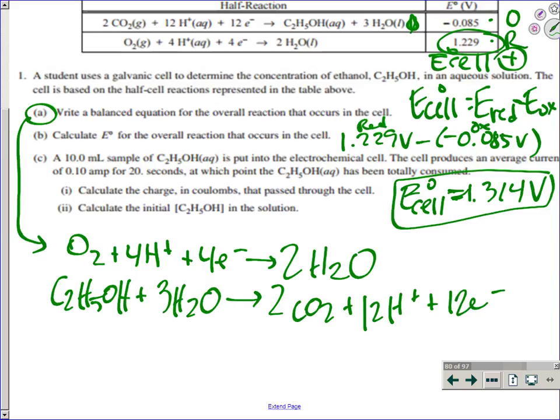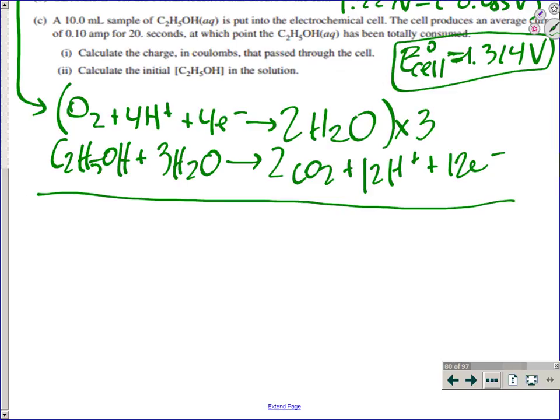Right, so we've got a disproportionate number of electrons. They're not the same number of electrons lost and gained. So to balance this, what do you need to do? Multiply the top one by 3 to create an equal number of electrons, because that's the value of redox. The electrons lost are the electrons gained. So I already know that I'm going to have to distribute this out. Don't cut yourself short. You have time to literally write everything out and make sure you're on the right track.